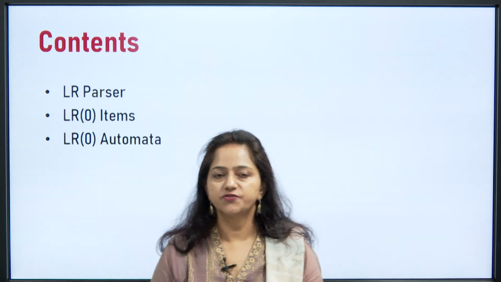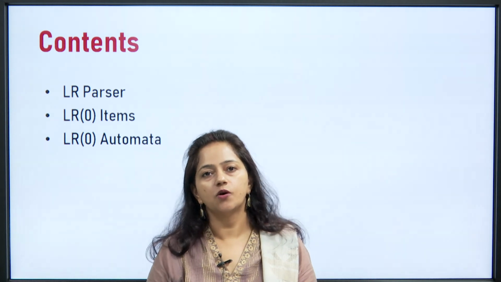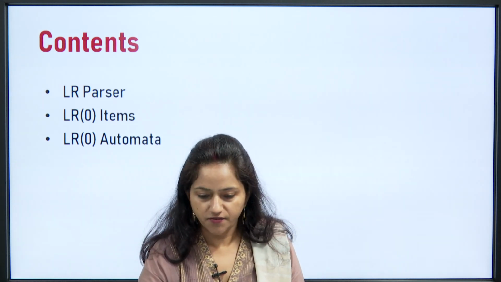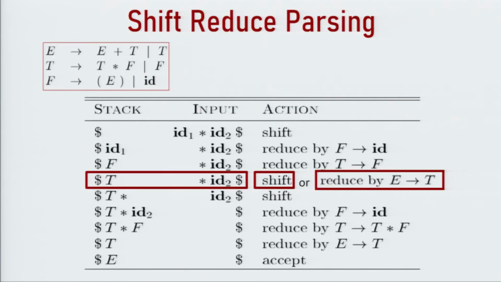In today's class, we will discuss LR parser, LR0 items and LR0 automata. In the previous class we talked about bottom up parsing and shift reduce parsing, and at the end of the class we did the parsing based on a given grammar.